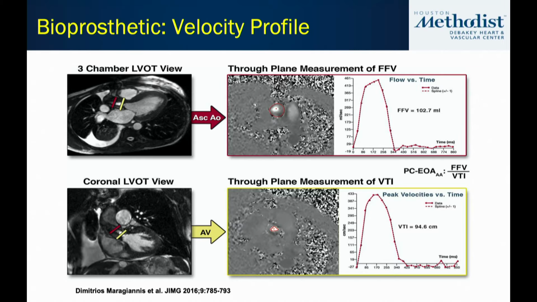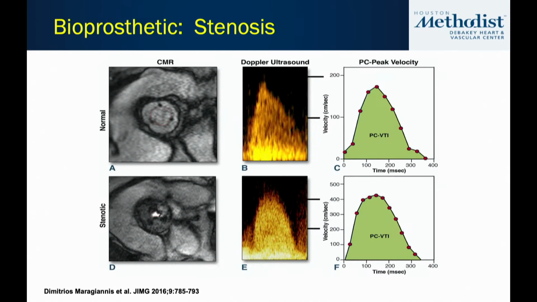The idea is that we could apply the same principle that's used for echo to determine an EOA, or effective orifice area, which is more of a physiologic measure, using the continuity equation by having the area and the velocity profile at a normal reference area, whether it's the LVOT or the ascending aorta, and also at the level of the prosthesis itself, we could then calculate the EOA.